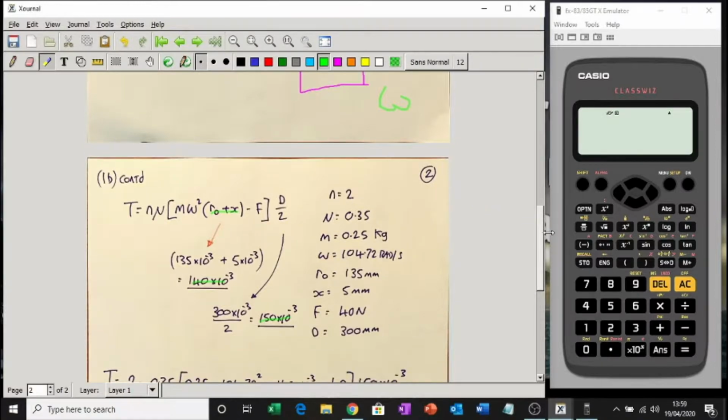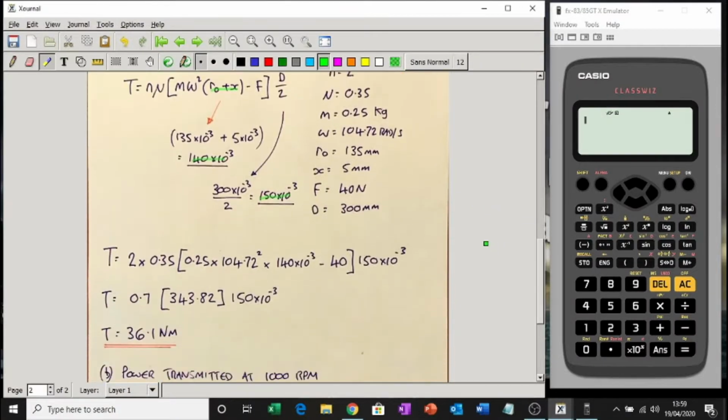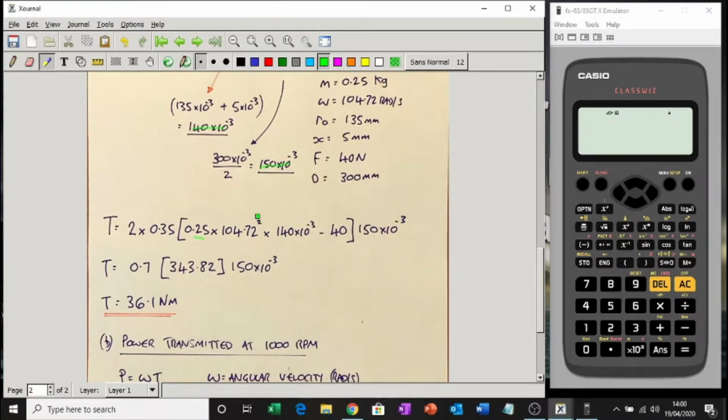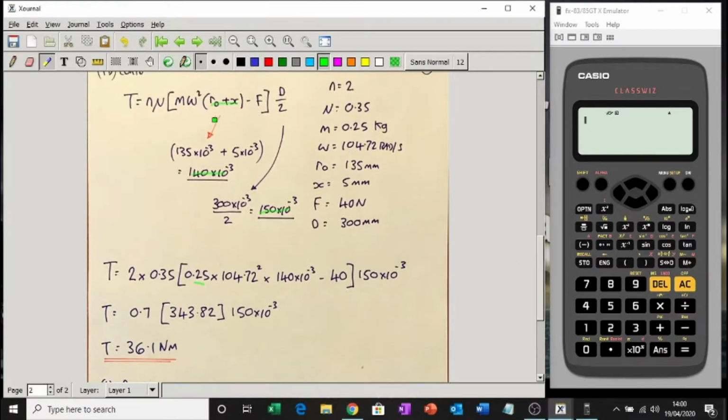So let's go down a bit, put my numbers in. 2 is the number of masses, 0.35 is the friction, and 0.25 is the mass, times by omega squared, which is from the top, 104, don't forget the square, times by R0 plus X, which is 140, take away F, which is the force, 40.